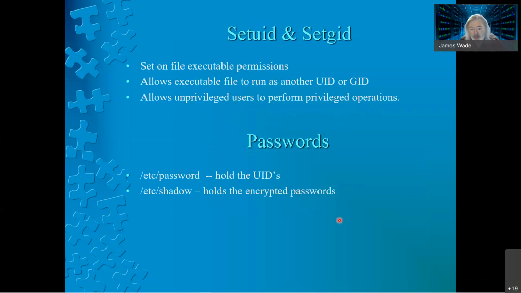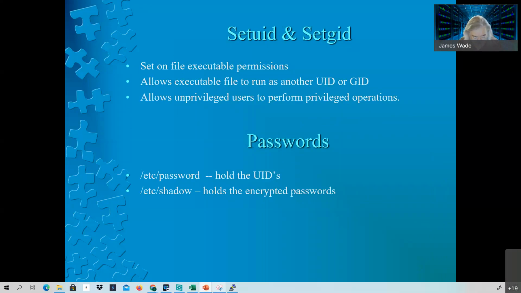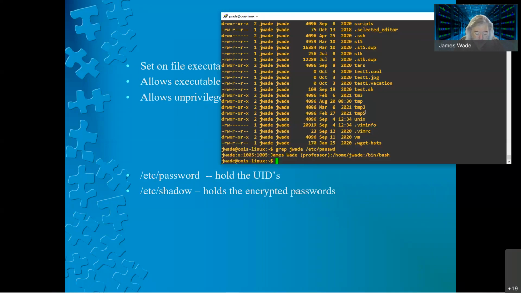Now, sometimes we have a program, folks, that needs more privileges to run. In other words, if I go back, I might have a program that I wrote, J Wade. I wrote a script, or I wrote a program, and I need that program.